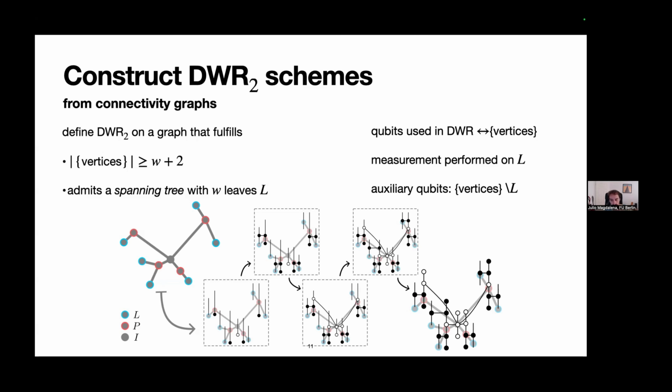Then in the fourth picture, I can repeat this process. For every parent, I pick a leaf that has not been measured yet and do a ZZ measurement. Then I need to do a single qubit measurement and repeat this whole thing to have the right effective CX diagram.